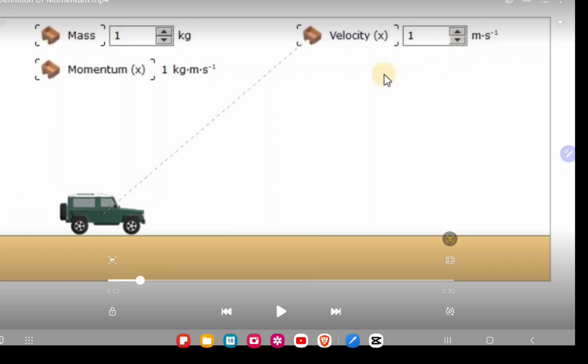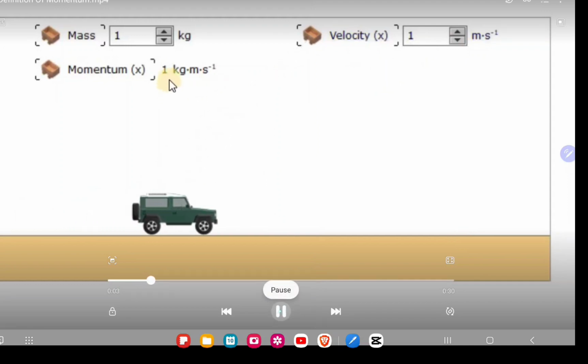Once we increase the velocity to 1, so the linear momentum becomes 1 kilogram meter per second. You can see here.